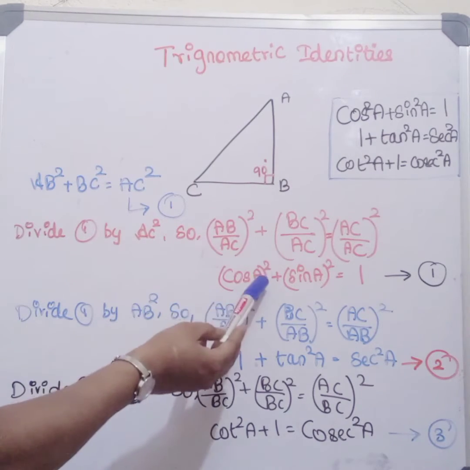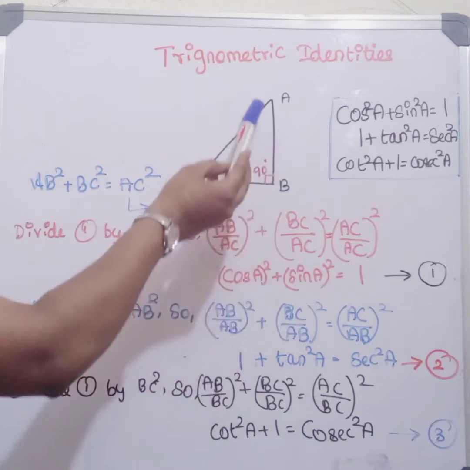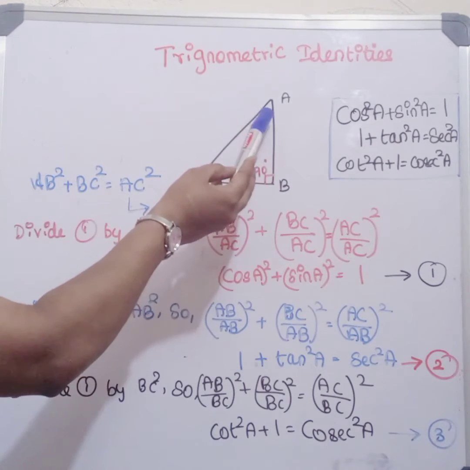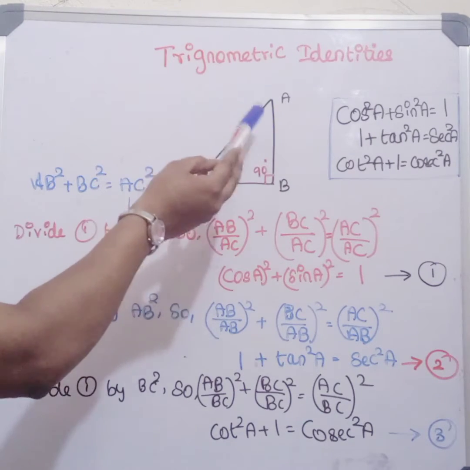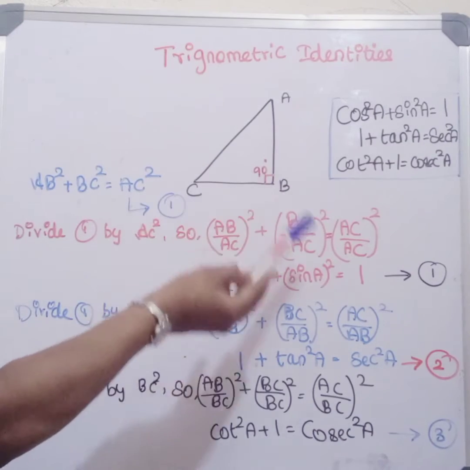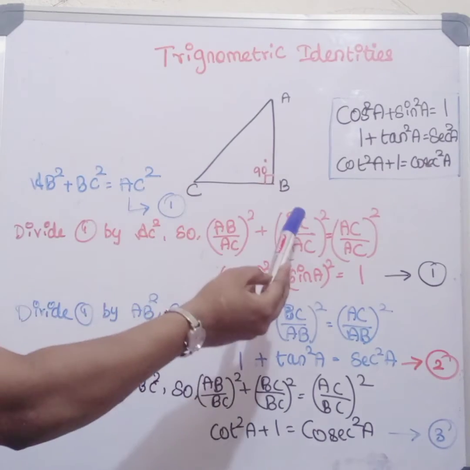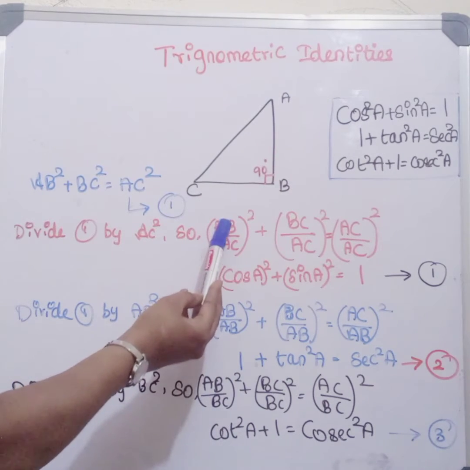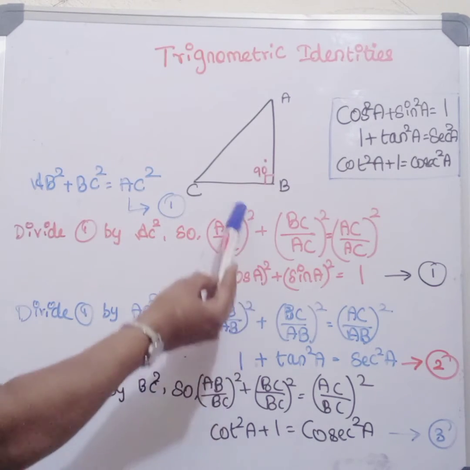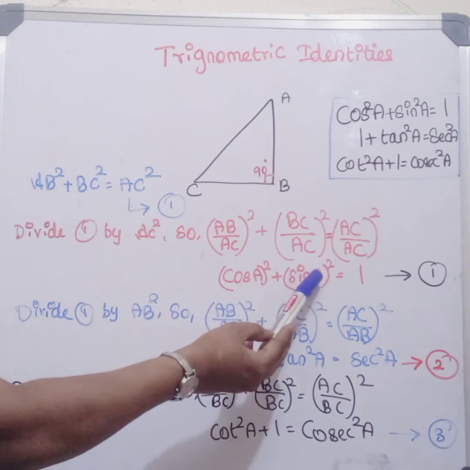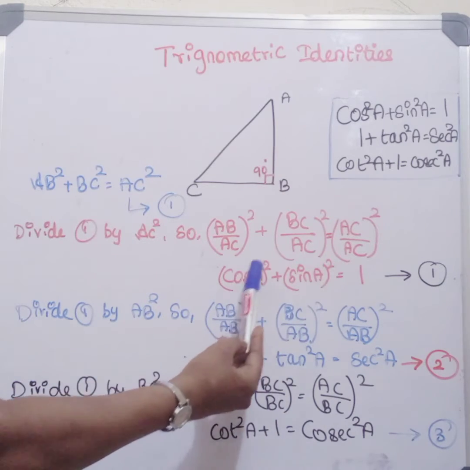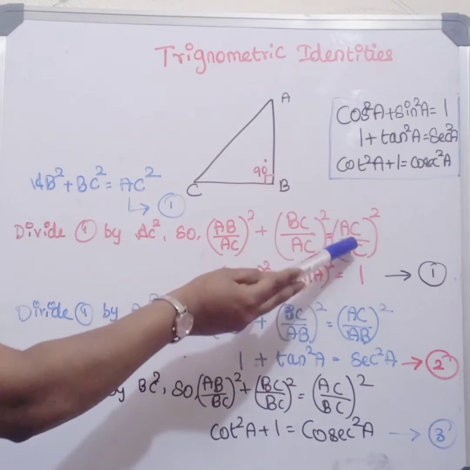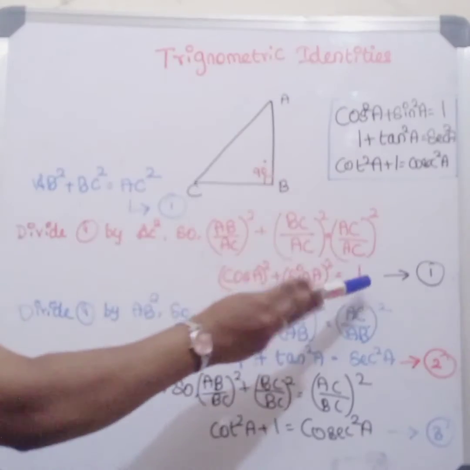Cos A the whole square plus, in the same angle A, opposite side by hypotenuse, BC by AC, that is sin A. So we can write AB by AC as cos A, BC by AC as sin A, so cos A square plus sin A square, AC by AC is 1, so 1 square is nothing but 1.